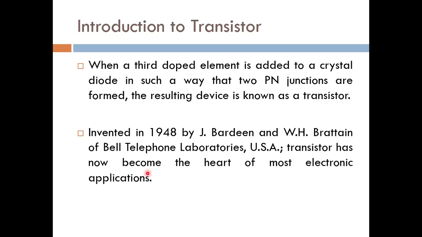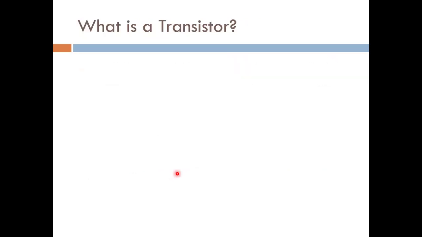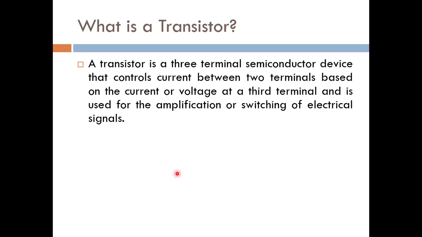And transistor has become nowadays the heart of most electronic applications. This is the very basic building block of majority of the circuits, whether they are related to some digital electronics, communication, or even the computing hardware. So what is a transistor?